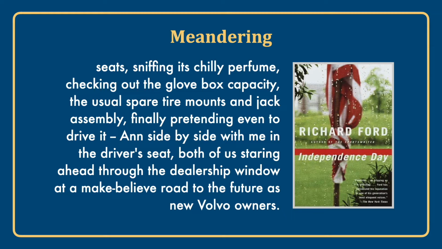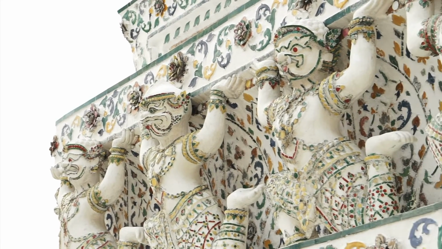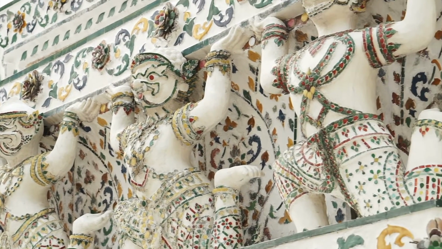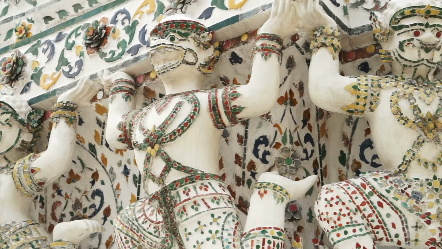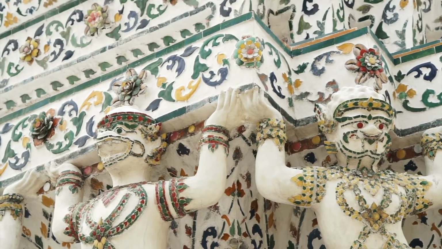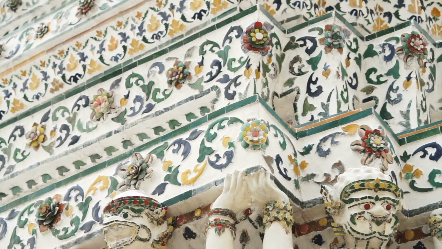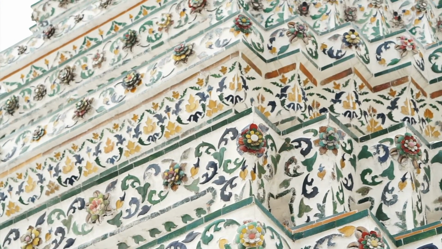Anne side by side with me in the driver's seat, both of us staring ahead through the dealership window at a make-believe road to the future as new Volvo owners." All these details require work to find. When you accumulate details, you can create a bigger, better, more vivid picture to reveal larger truths. Catch them if you can.